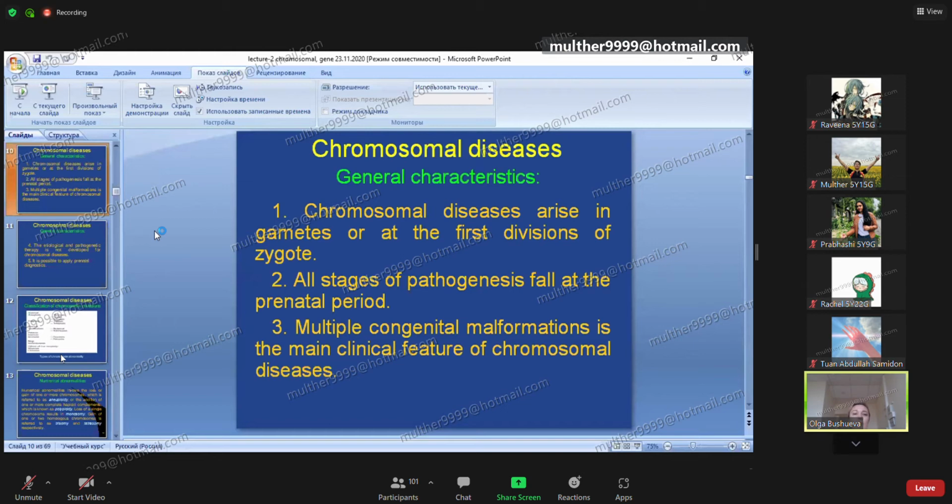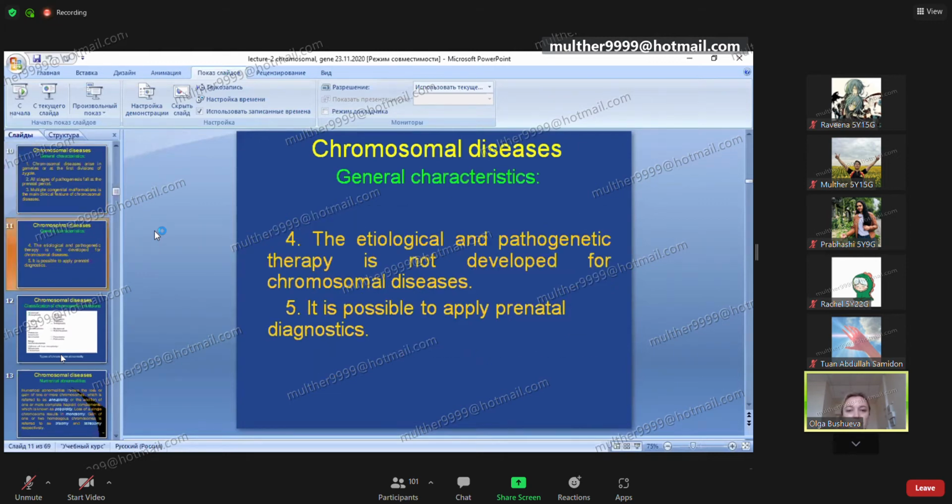Multiple congenital malformations are the main clinical features of chromosomal diseases. Etiological and pathogenetic therapy is not developed for chromosomal diseases. Unfortunately, we can use only symptomatic approaches for the treatment.